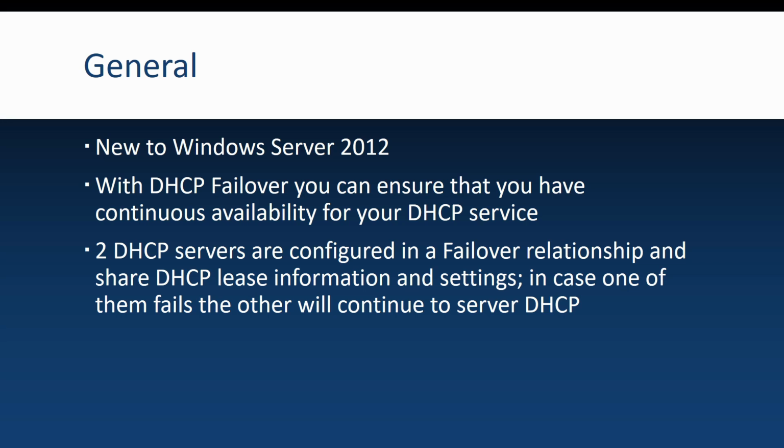The basic way in which a failover works is that you have two DHCP servers for which you configure one or more failover relationships, and through those relationships the DHCP servers can share leases and also other settings. In case one of the servers fails, then the other one will continue to service DHCP.